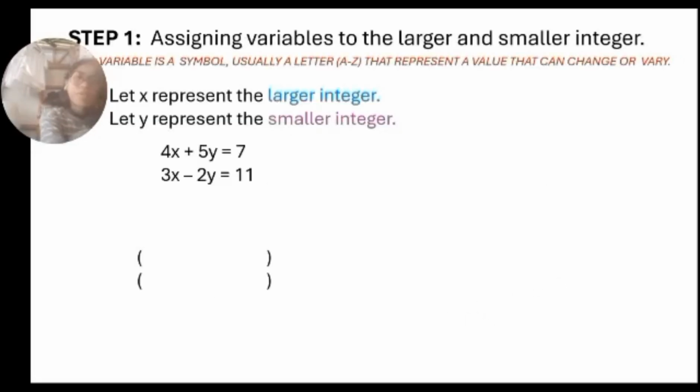So mao ni siya. The twice, yes, 3x minus 2y is 11. So kaning duha ka expression ato ni siya ibutang as equation 1 and equation 2 para maka-solve ta, para maka-proceed ta sa next step.